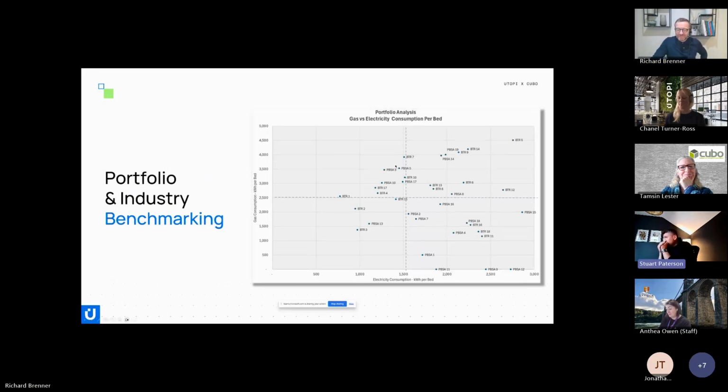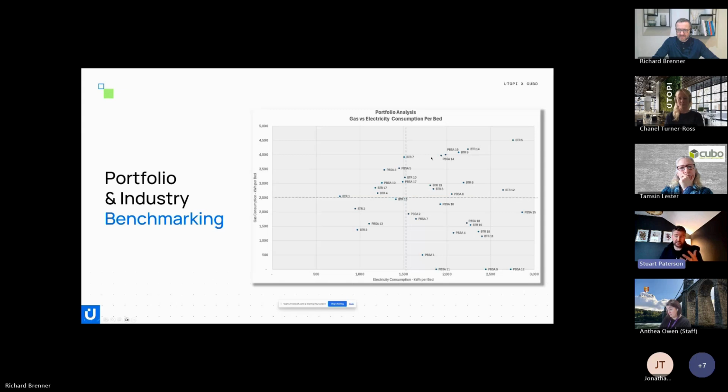One of the first key things that the impact team will do here is understand asset level performance, and we do that by benchmarking your assets with the energy consumption. We do that by looking at your main meter data and the type of asset that you've got.